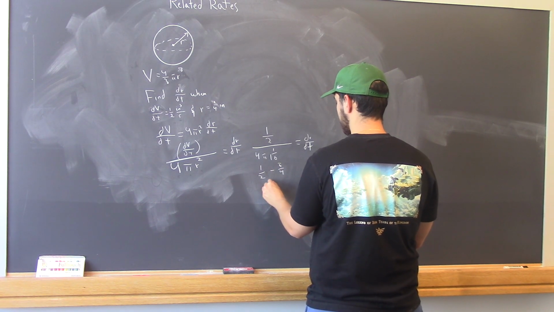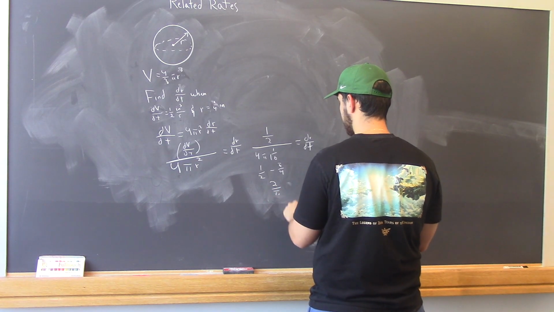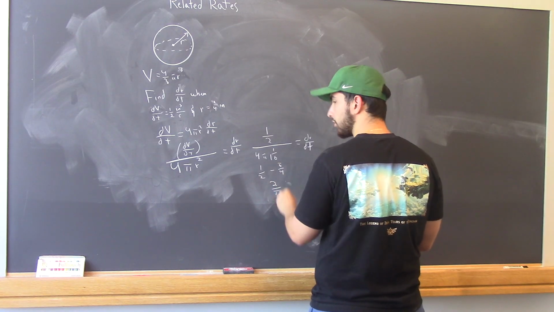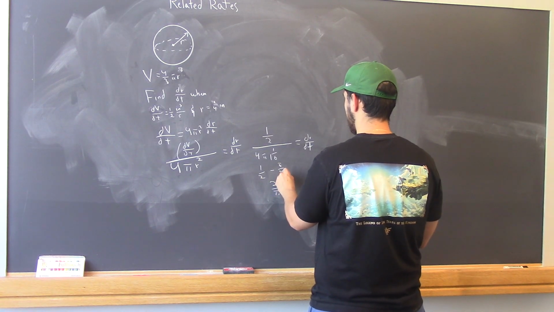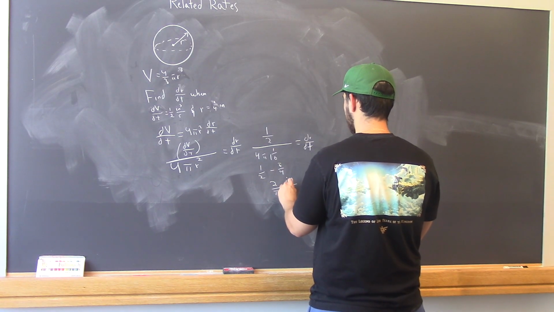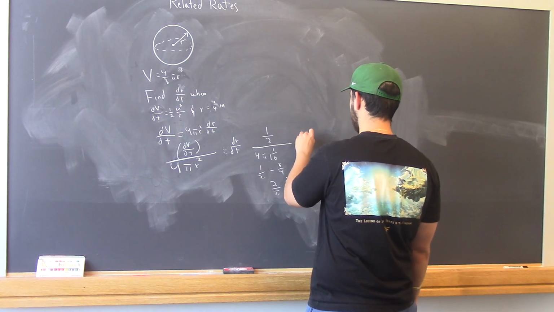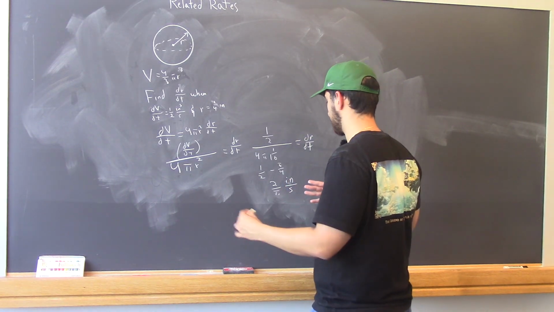This is 2 over pi, right? And the most common thing for these questions is also to include your units. If you have a dt, you know it's going to be probably per second. And volume is going to be cubic, area is squared, and just distance is to the first power.